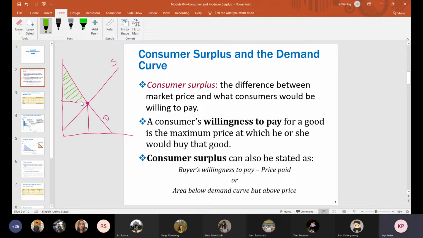You see that? This is the consumer surplus, right above the equilibrium.